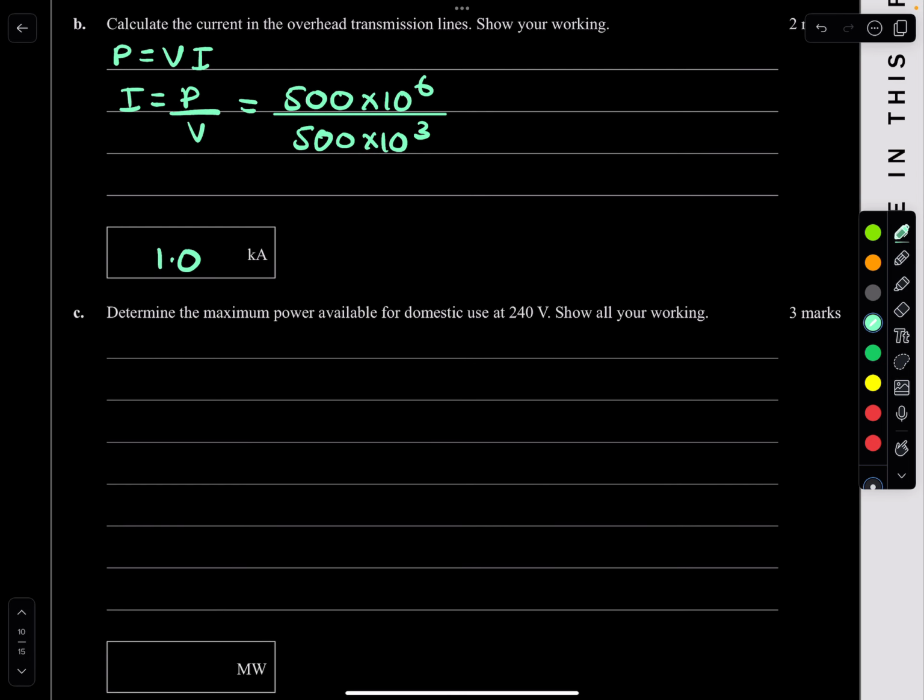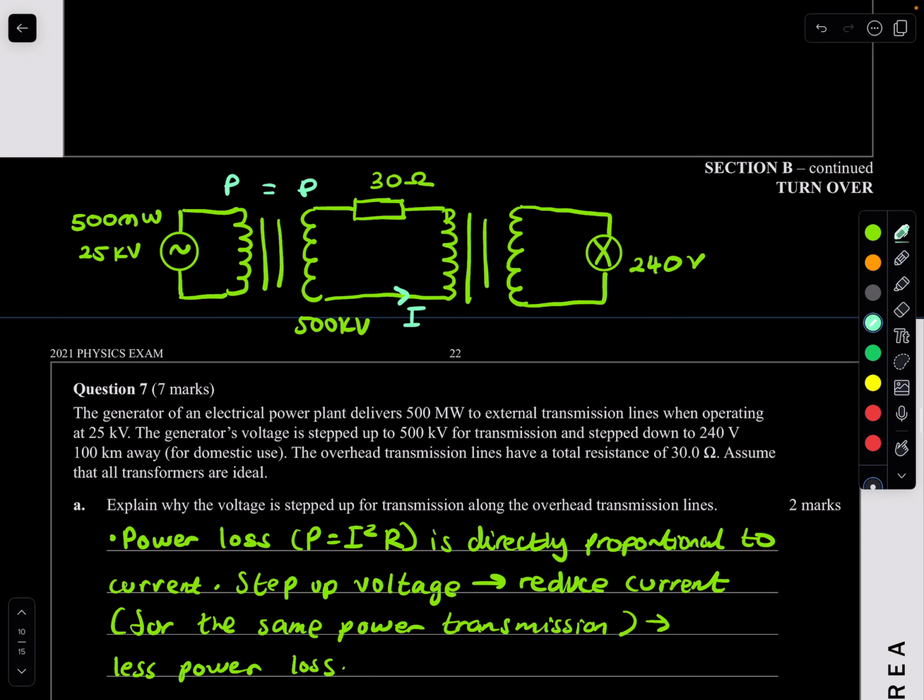Beautiful. Determine the maximum power available for the domestic use at 240 volts. Show your working out. So we're just saying what will be the leftover power for this domestic use over here. So let's think about it. We know that the power through the step-up transformer, that 500 megawatts, is going to be the same in the output.